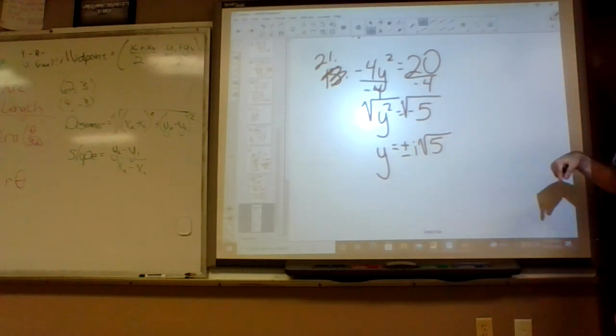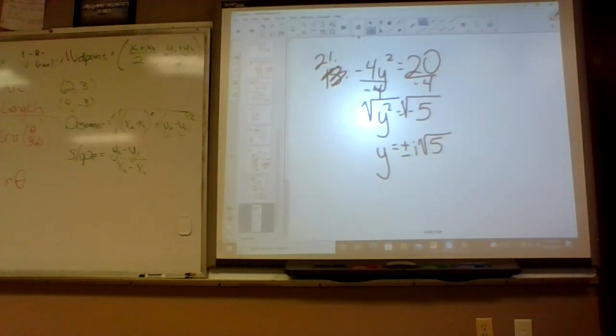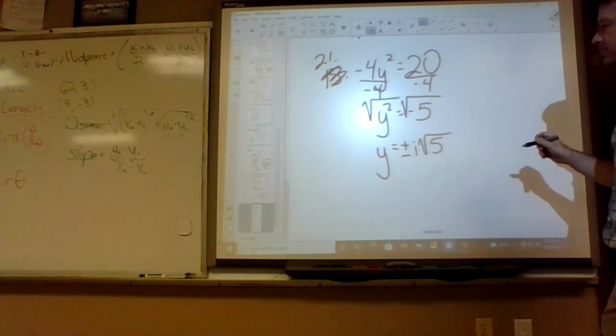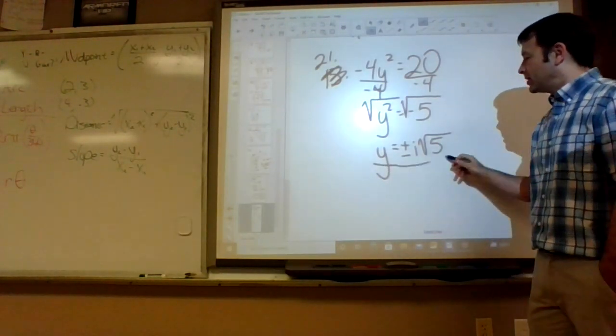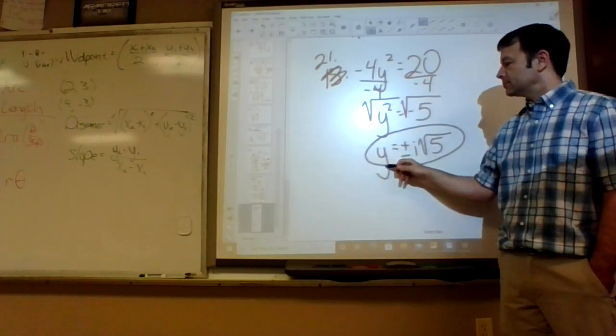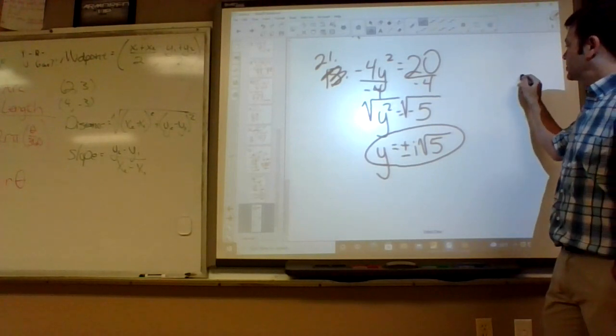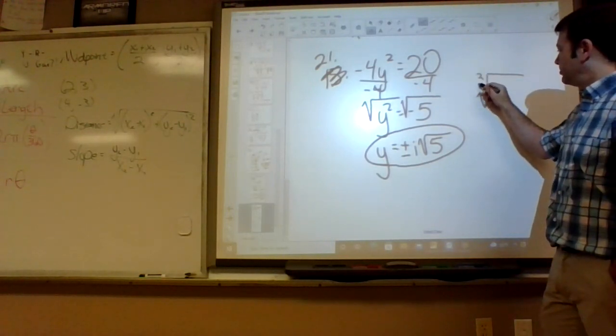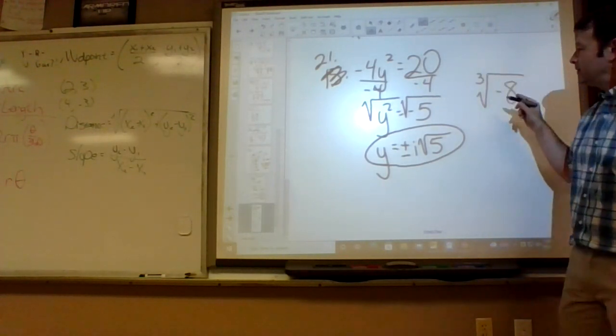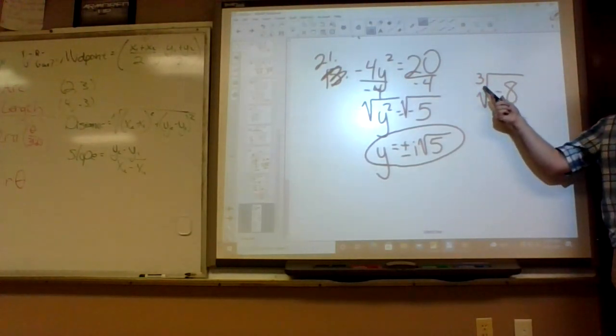So, all these equations that we're solving with the square root, you have to use plus or minus. If there's a negative in the radical, it comes out as an i. We're not really doing this today, but how about the cube root of negative 8? Is that imaginary?